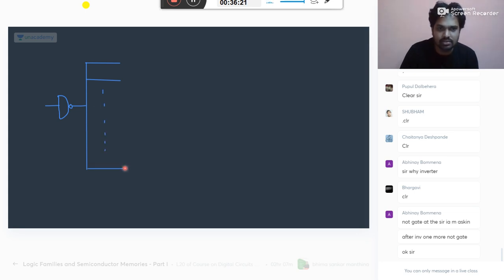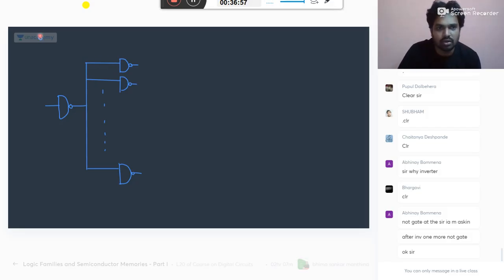They can be any gates. Like this you have connected n number of inputs of other gates. If you join two inputs, then you should consider it as two inputs. I have taken this example.